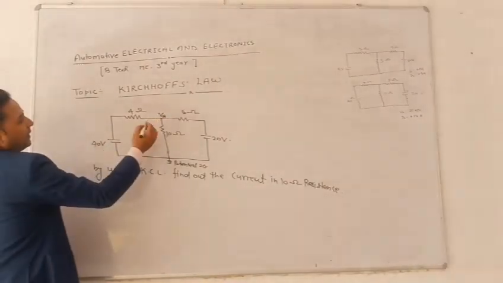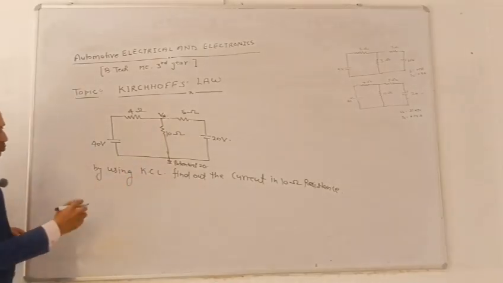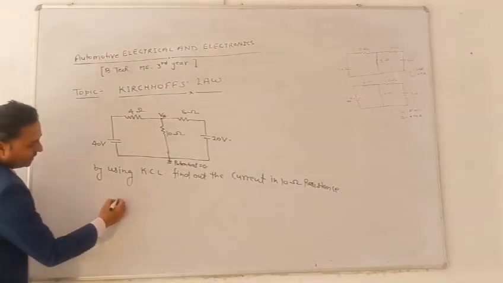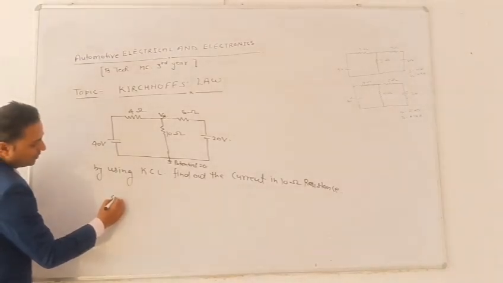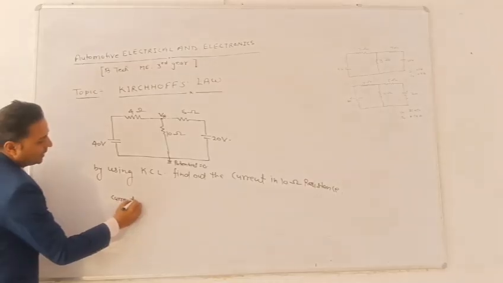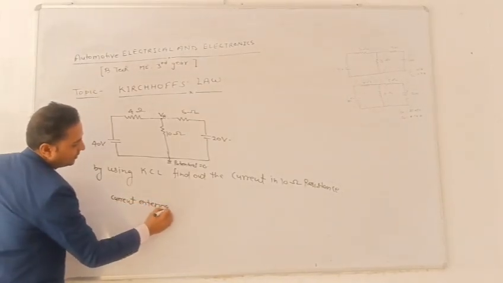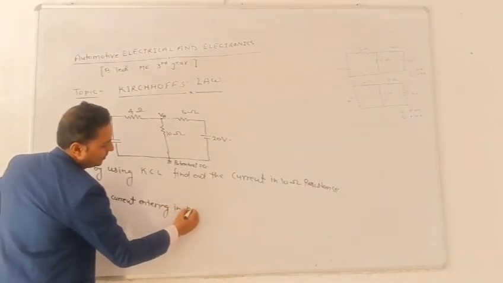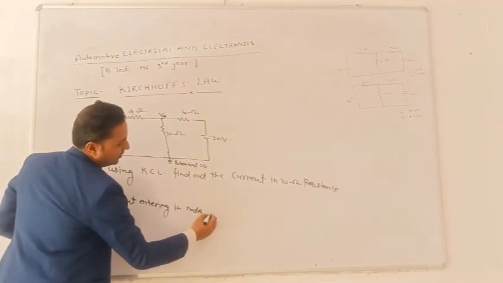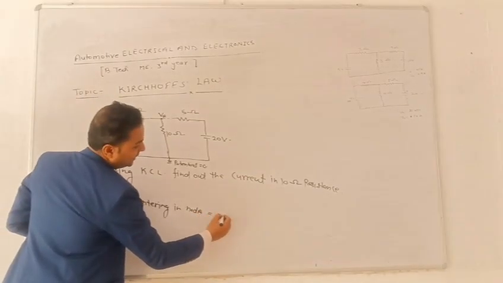In node VA, we have two signs to consider. If current is entering a node, the sign will be negative.